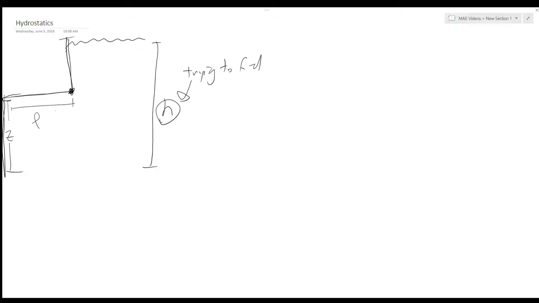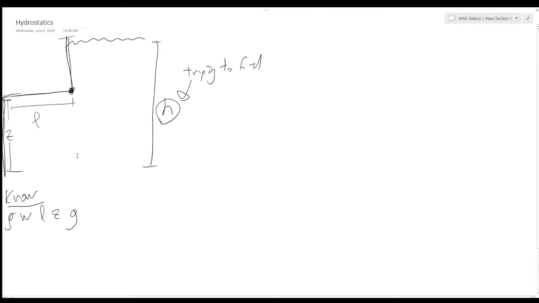And then we'll be given a width, a density and a g value. So this is what we know. We know rho, the width into the board, L, and Z. And we know what gravity is if we need it.